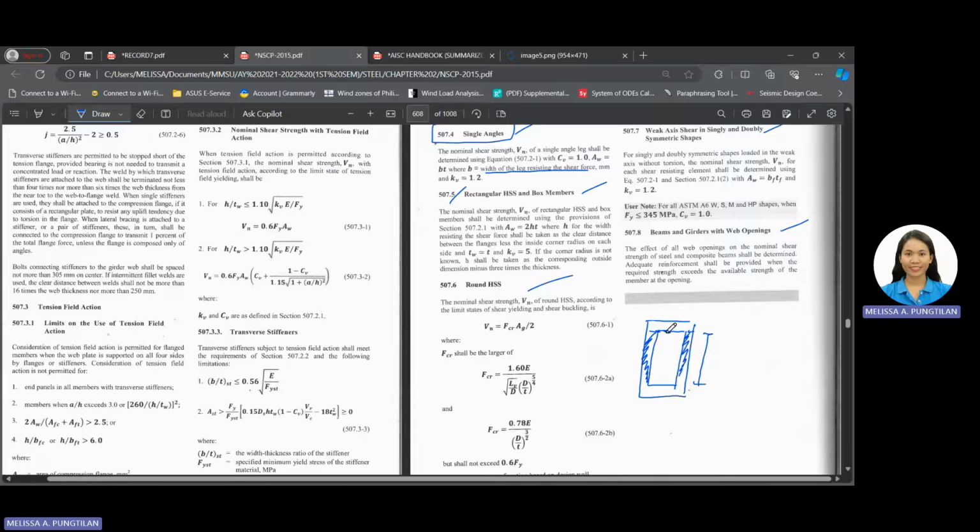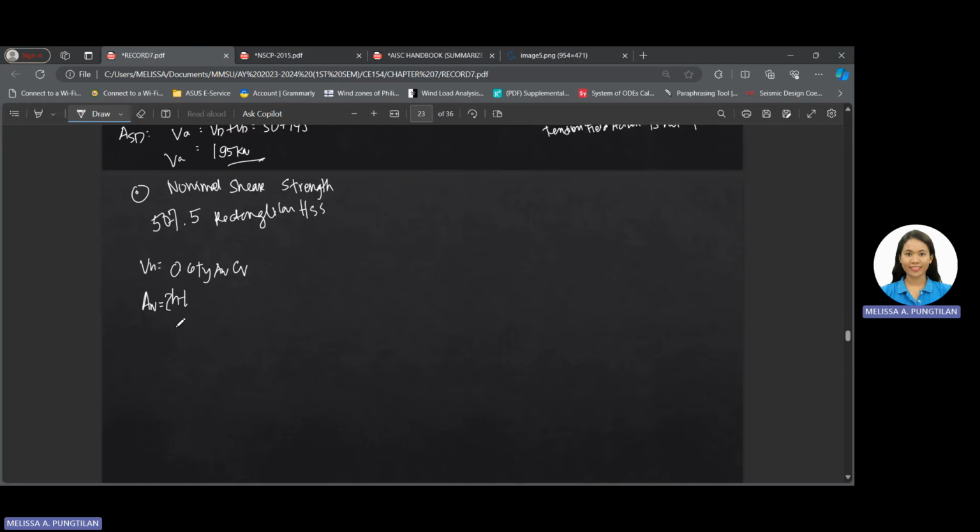So, yung ginagawa natin pag HSS, di ba? Meron yung mga fillet. Kasi, fillet sa loob, nagkakaroon ng parang radius or fillet radius. So, nandito yung h. Yan yung h natin. And according to AISC, h is just equal to t. Okay, so yan yung gagamitin natin. So, the area is equal to 2. Ano yung h natin?